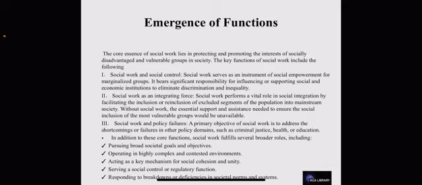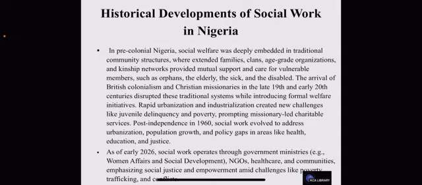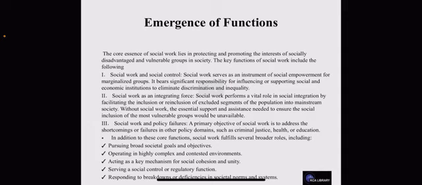When we talk about marginalized groups, these are the less privileged, and we can also refer to them as vulnerable individuals or vulnerable groups. It also bears significant responsibility for influencing or supporting social and economic institutions to eliminate discrimination and inequality.